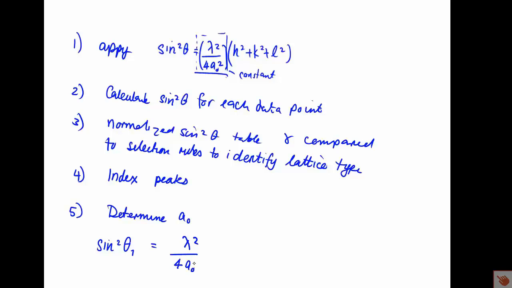We want to find a0, but because we indexed the peaks, we now know what values of h, k, and l correspond to this angle, and we can solve for a0. So it's very interesting.